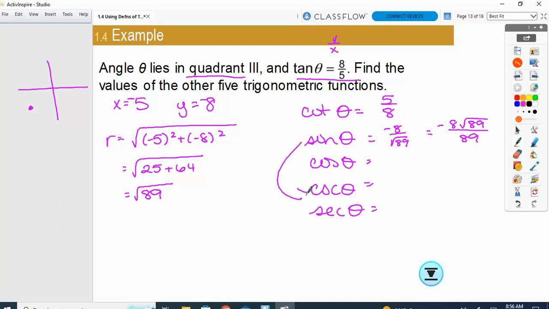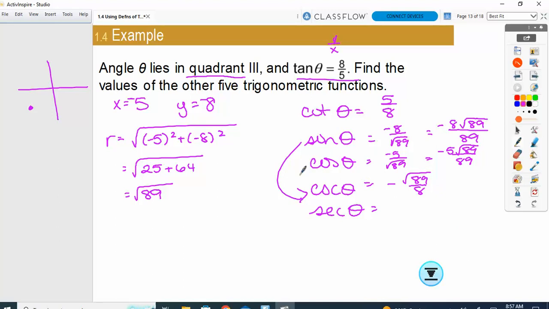Reciprocal of sine is cosecant. I told you it's easier to flip before you move the radical, so that would be negative radical 89 over 8. Cosine is x over r, so negative 5 over radical 89, which is negative 5 radical 89 over 89.